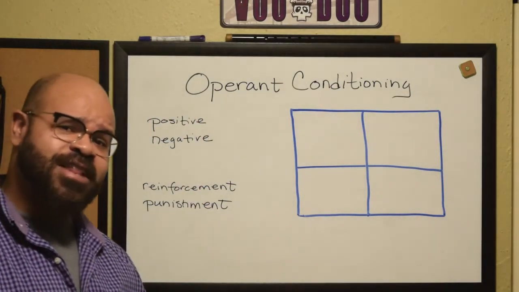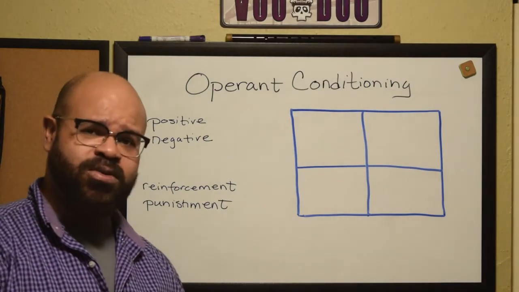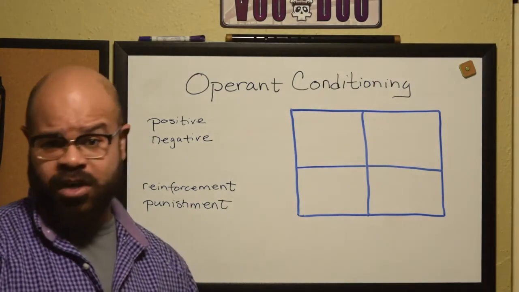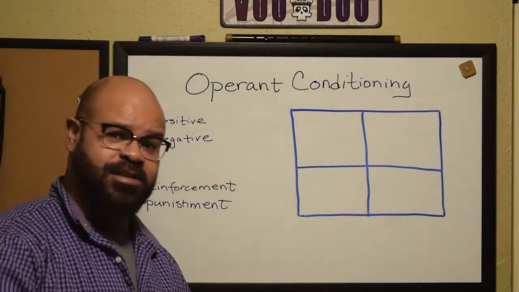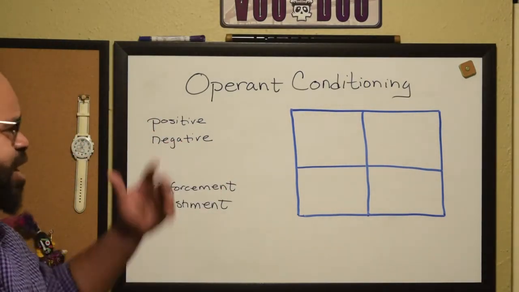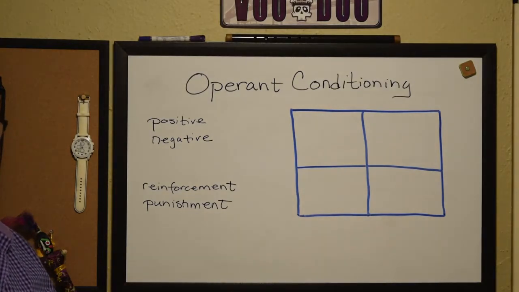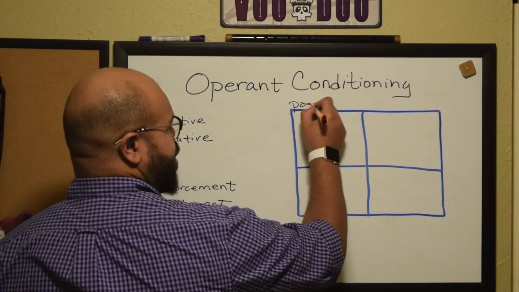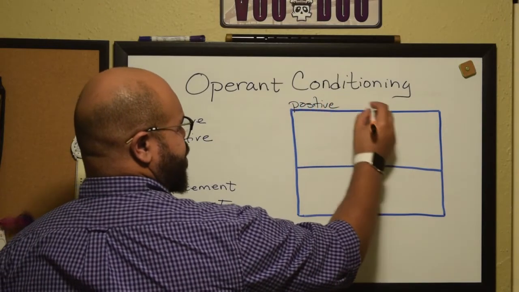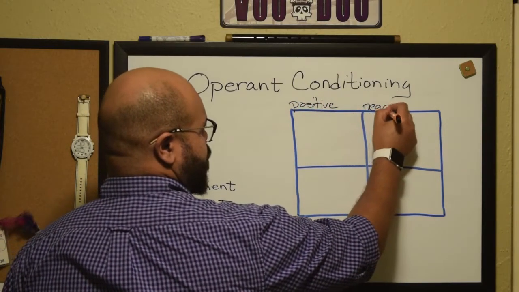Don't understand it as necessarily good or necessarily bad. It just means giving. Positive means I'm going to give you something, and so negative means I'm going to take something away. So we'll write these words on the top of our matrix: positive and negative.